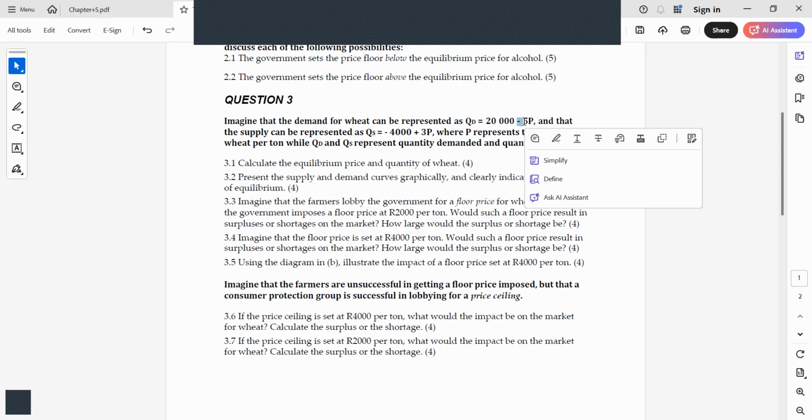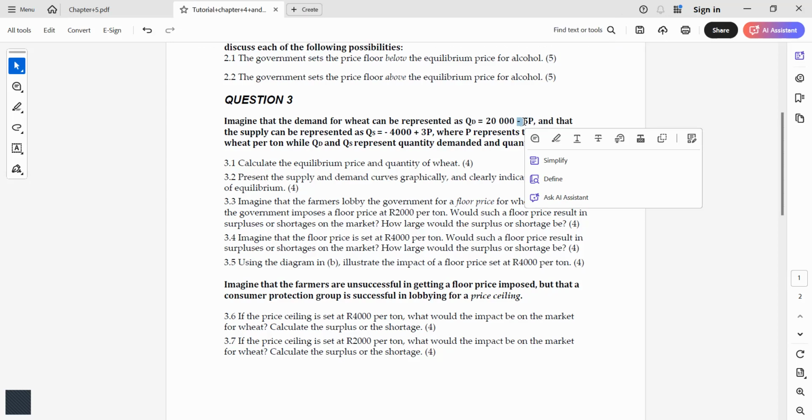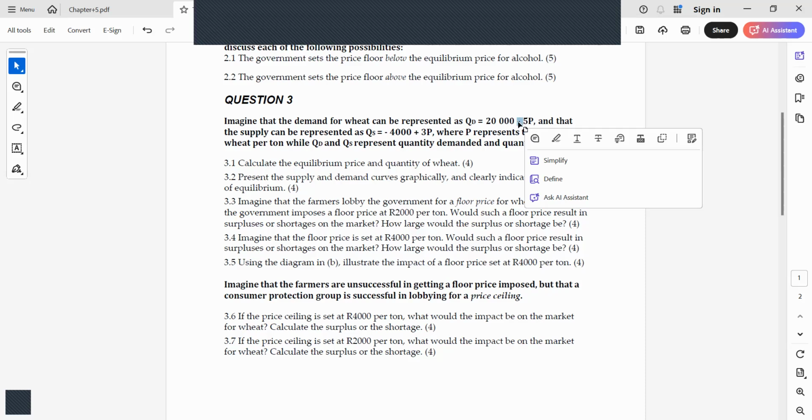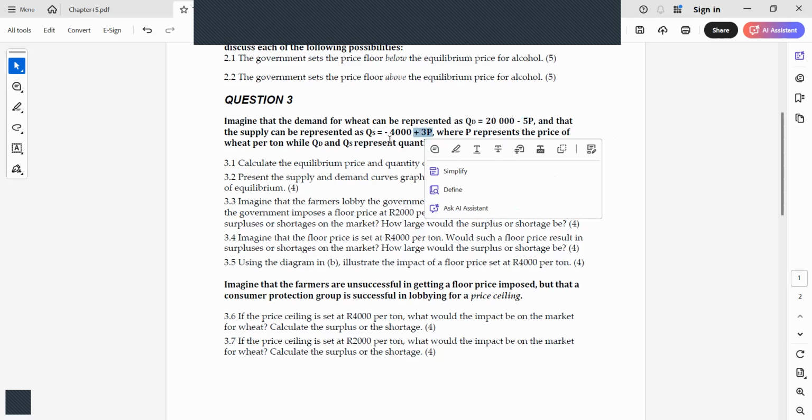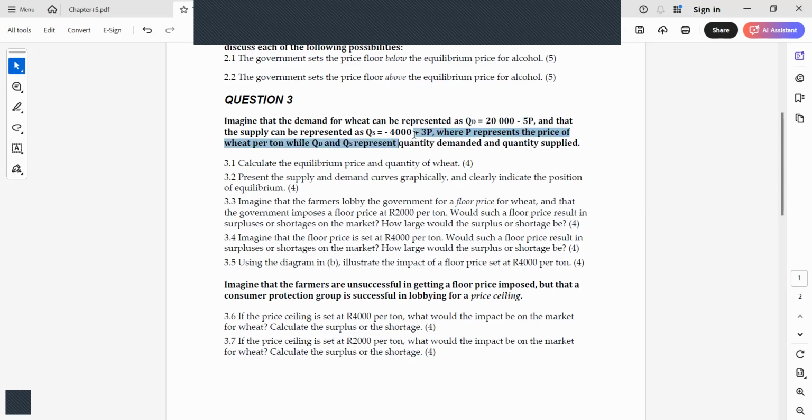Why? Because of the law of demand, there's an inverse relationship between the price and the quantity demanded, and the demand curve is negatively sloping. So this negative sign shows that this equation is for the demand curve. And then this positive sign here for quantity supplied also shows that this equation is for the supply curve. Why?